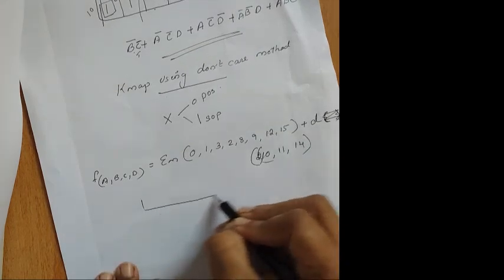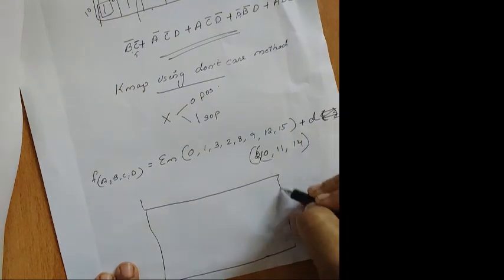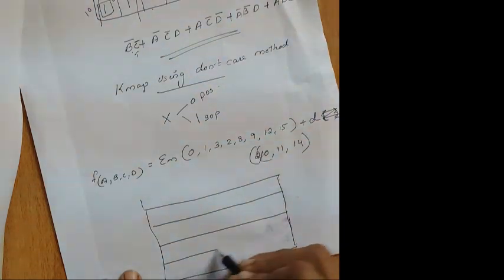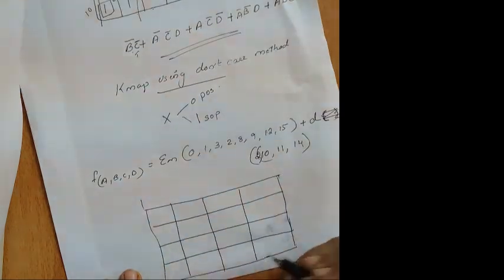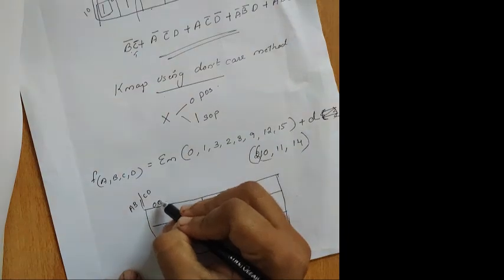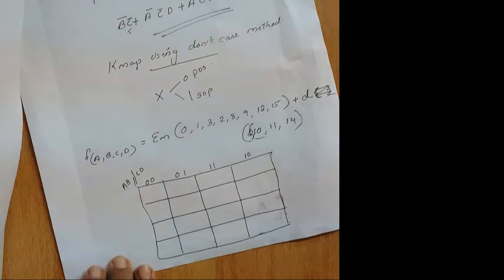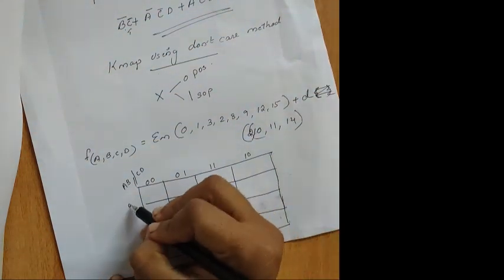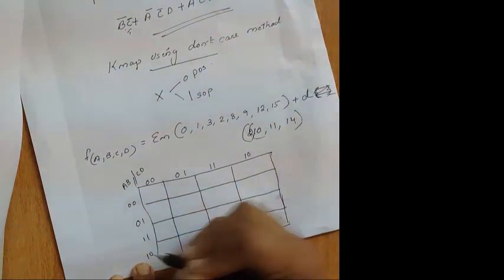So we can draw a K-map. A K-map is given over here. It is 4-bit data. You are giving A, B, C, D as 00, 01, 11, 10. Since we are using gray code, only one bit should change, so you give 00, 01, 11, 10.